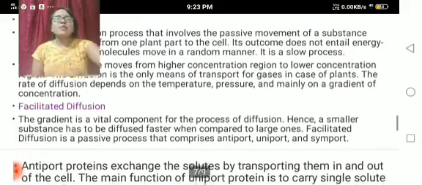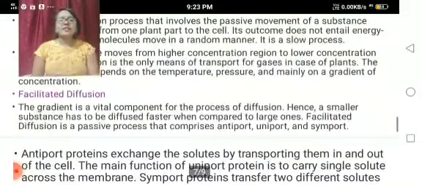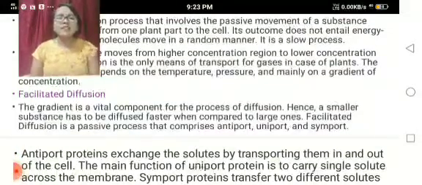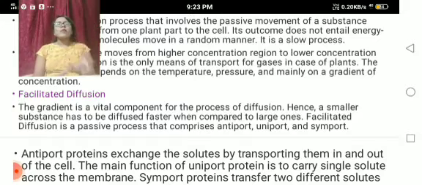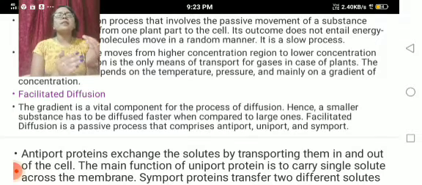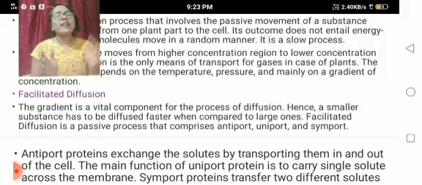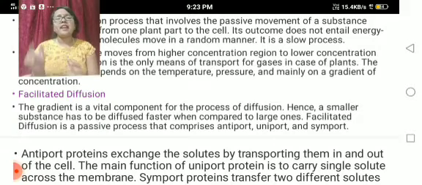Next, we shall move on to facilitated diffusion. In facilitated diffusion, the gradient is a vital component for the process of diffusion. Hence, smaller substances diffuse faster when compared to the larger ones.